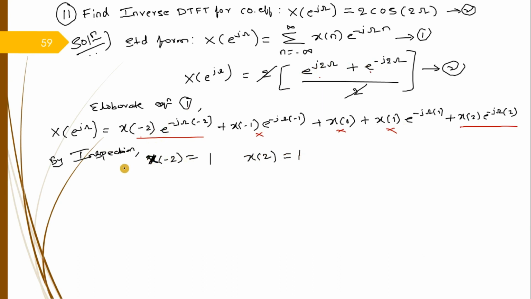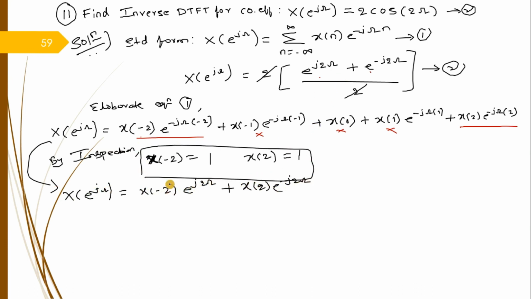For your simplicity I write it once again. This is x of minus 2 e raised to j 2 omega, plus this is x of 2 e raised to minus j 2 omega. If I compare these two things, I get these values.